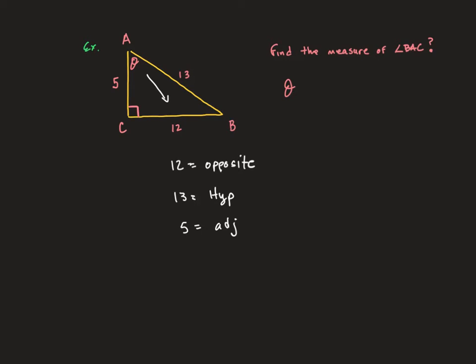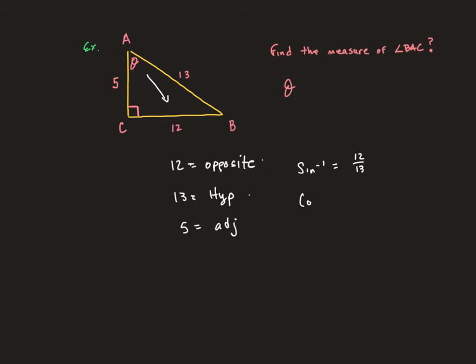So if we were to go ahead and calculate this, I could say when it comes to theta, remember that the arc sine of theta is going to be the opposite over the hypotenuse, so that would be 12 over 13.